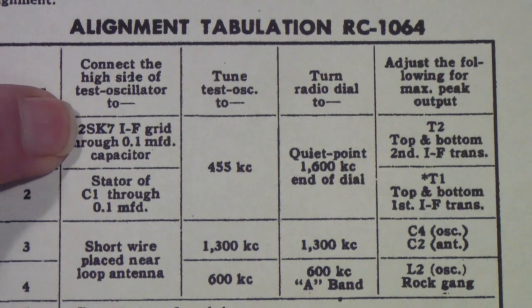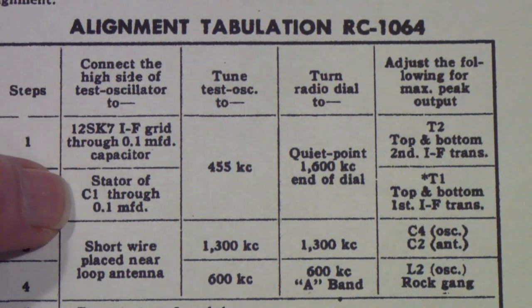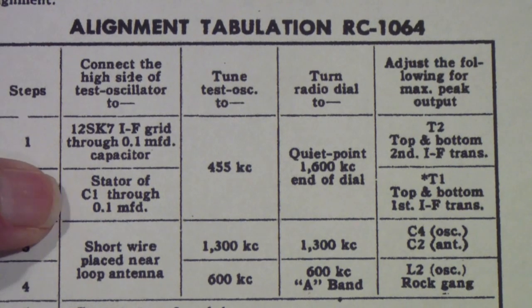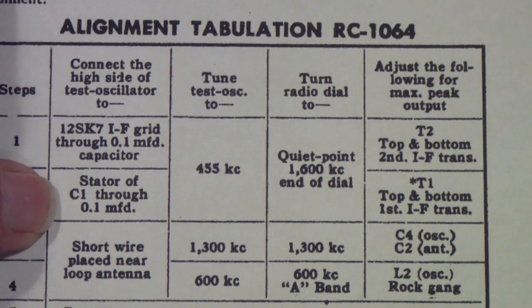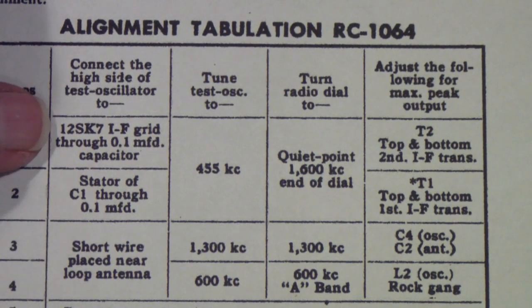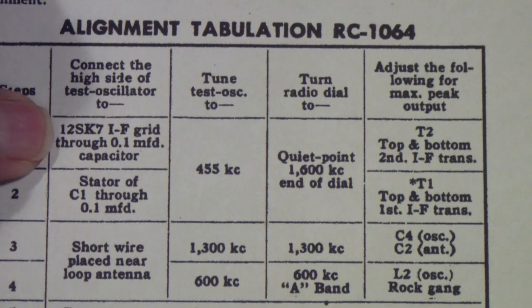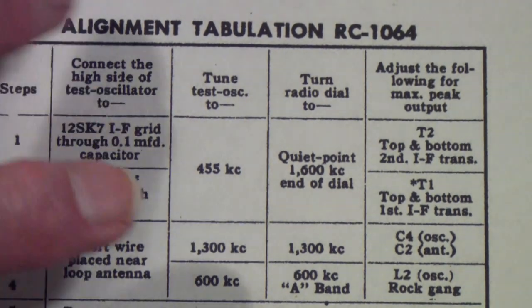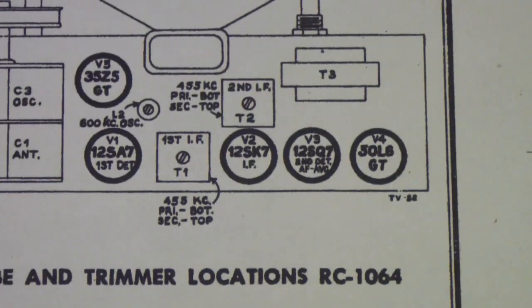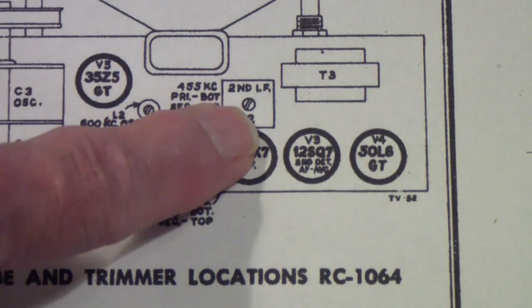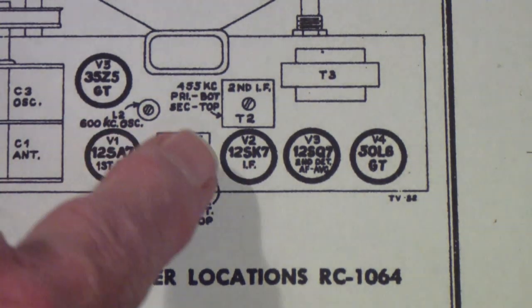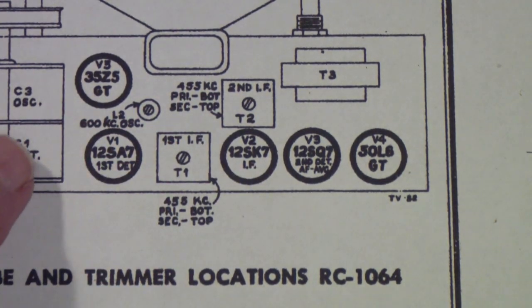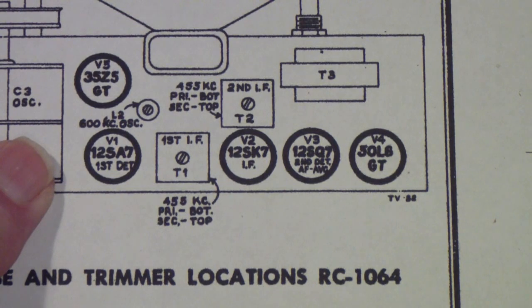microfarad. Now, I skipped this connection. I just used this, partly because I was just trying to demonstrate. The reason that they have the 12SK7 is if T2, the second IF transformer, is way out of alignment, you may not be able to get enough signal through from the stator of the tuning capacitor.